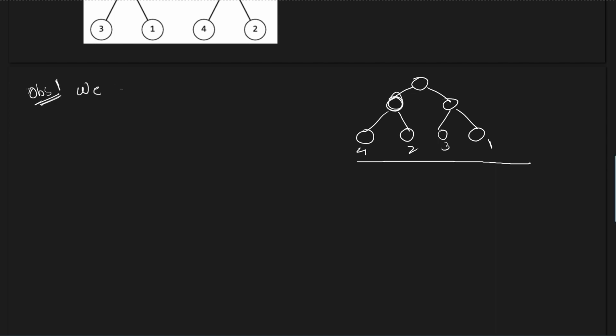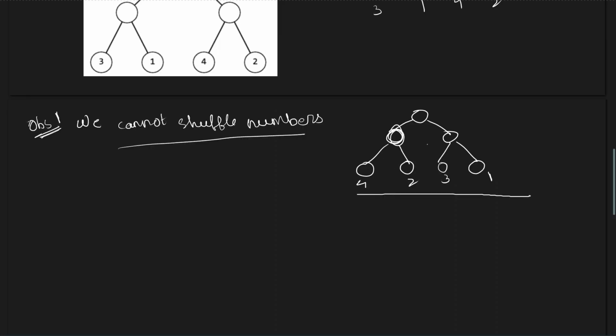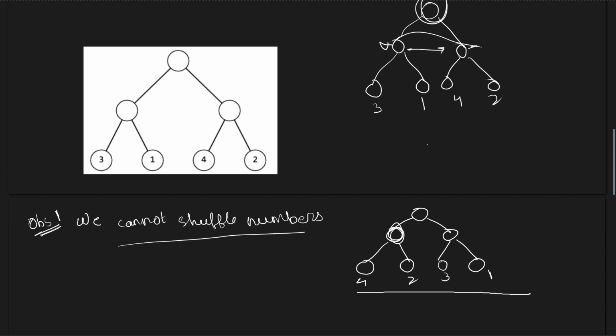We cannot shuffle numbers. Shuffle numbers in the sense that we cannot actually mix the numbers. So if you see, when we choose a node and invert its children, the numbers always move in a group, right? So for example, if I choose this node, this will move in a group of 1 and 1, so this will essentially go here and this will essentially go here.